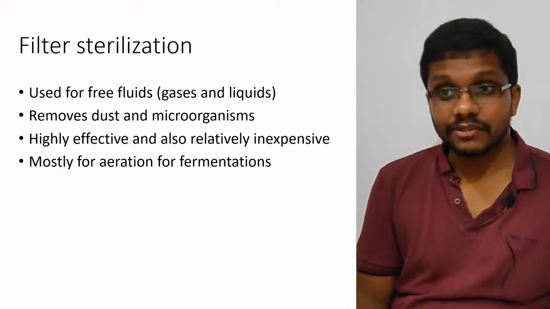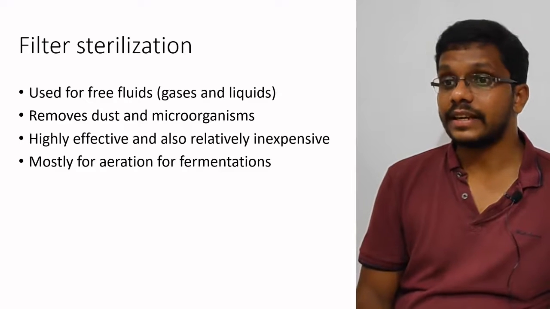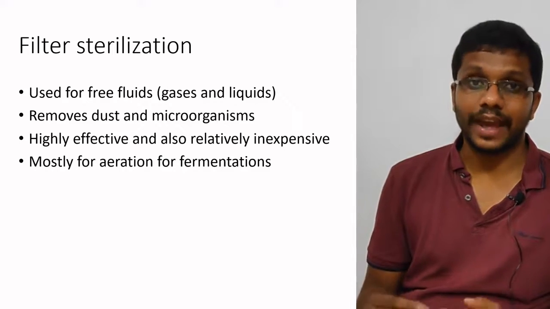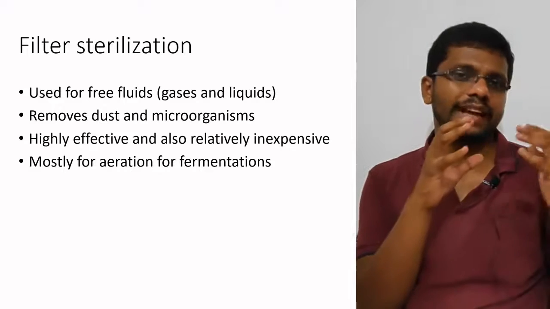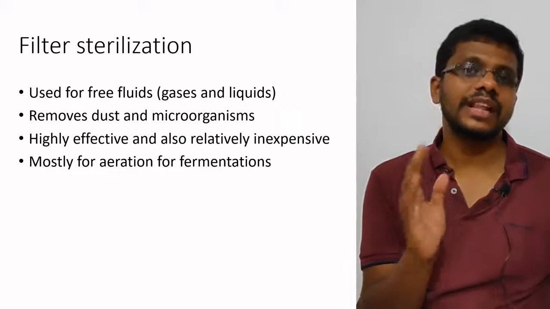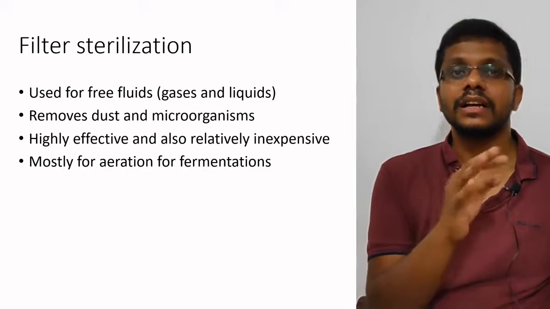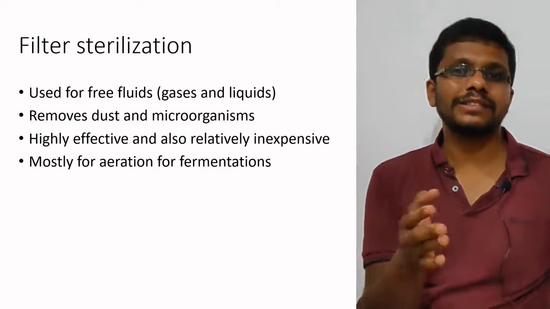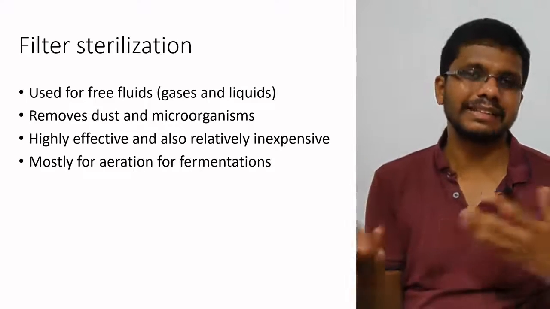It is highly effective and also really inexpensive, and it is mostly used for the sterilization of air for fermenters. We cannot actually use it for large scale fermentation because most large scale fermentation uses byproducts of some industry as the media. These byproducts will have so many particles and components.